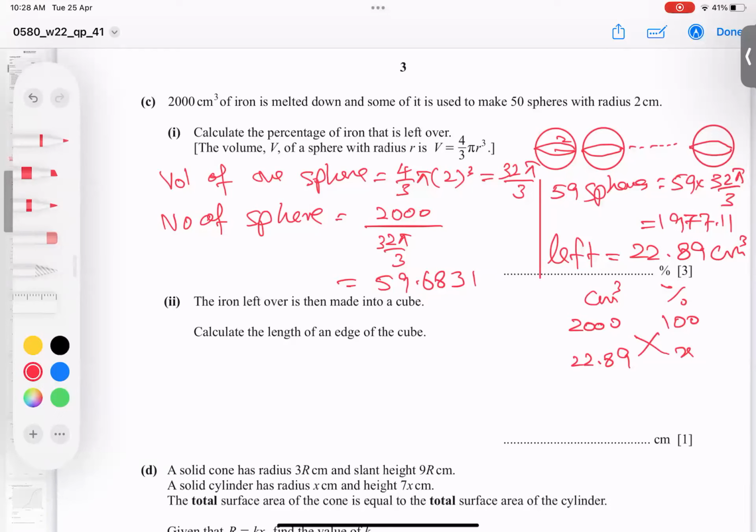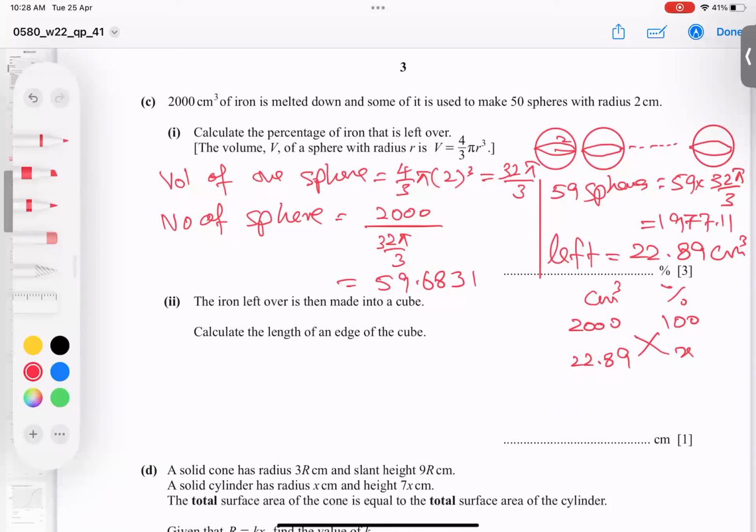So one minute, I check again. 22.89 times 100 and divide by 2000. Let's check again, because he said find the percent of iron that is left over.